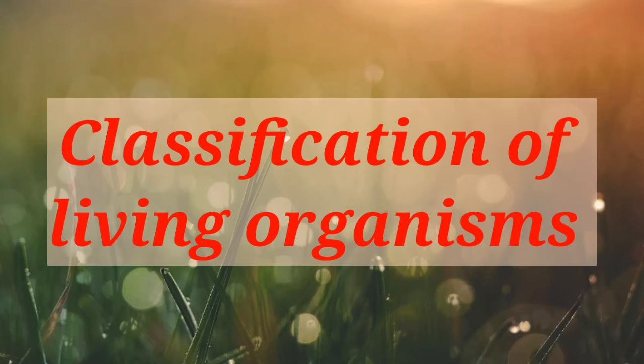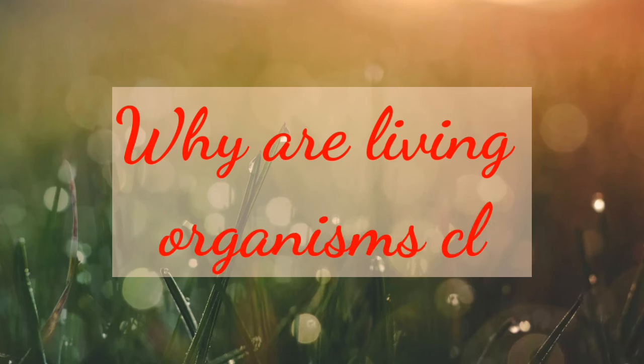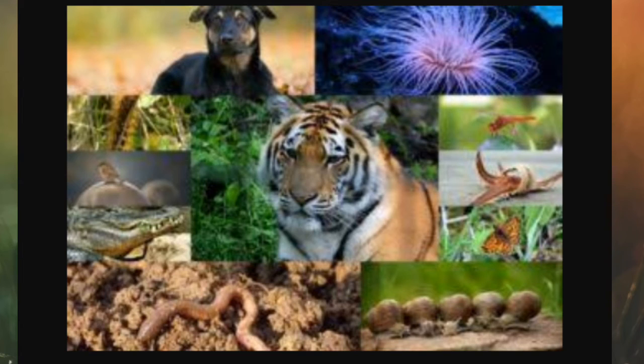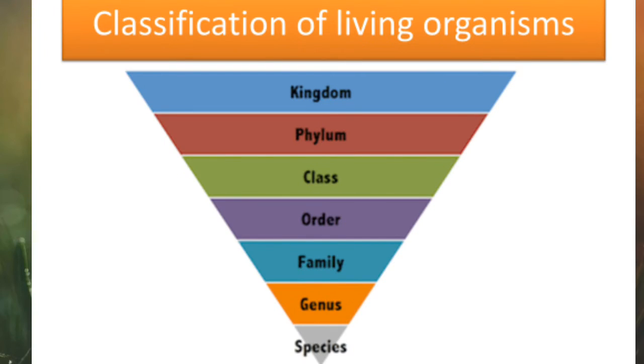Classification of living organisms. Why are living things classified? It is difficult to study and remember all the organisms in this diverse living world at the same time. So, classification helps in this respect. Different scientists have used different criteria and independently classified plants and animals.